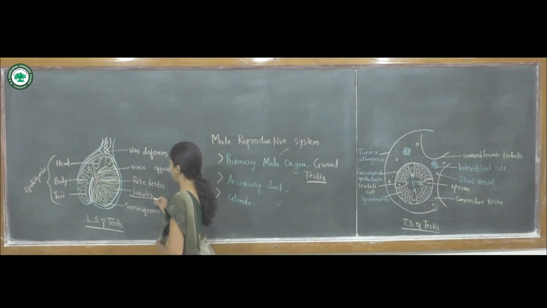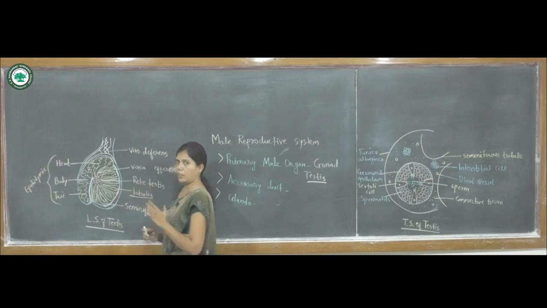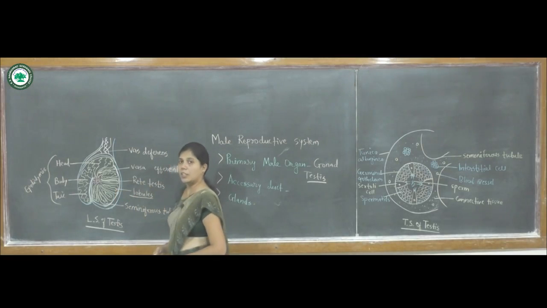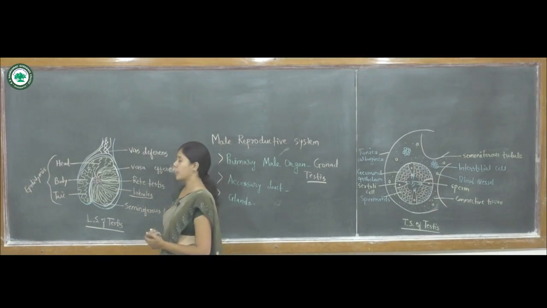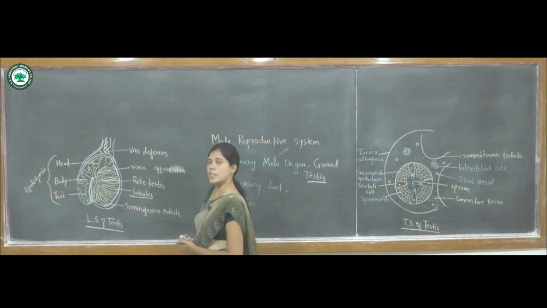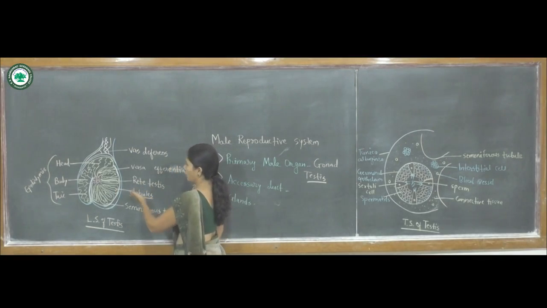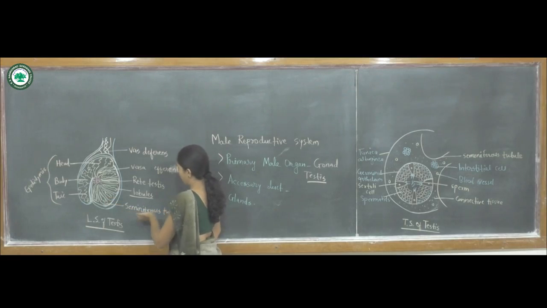Now the lobules are 200 to 300 in number, and each lobule contains 3 to 4 seminiferous tubules.